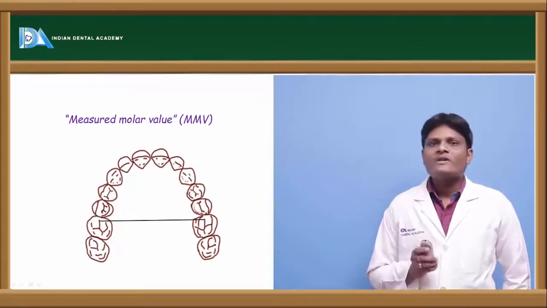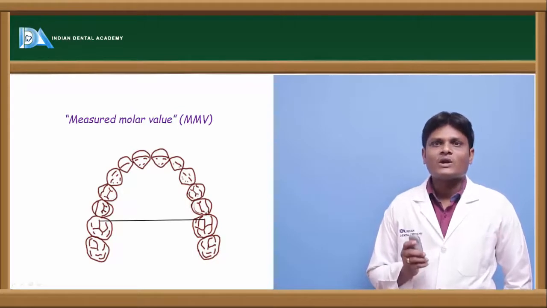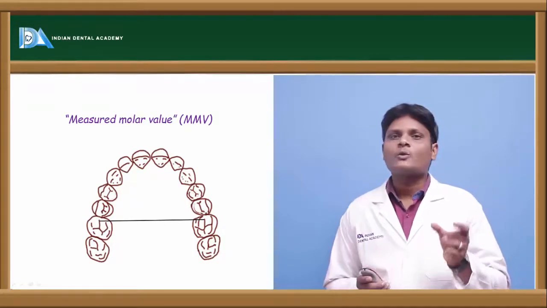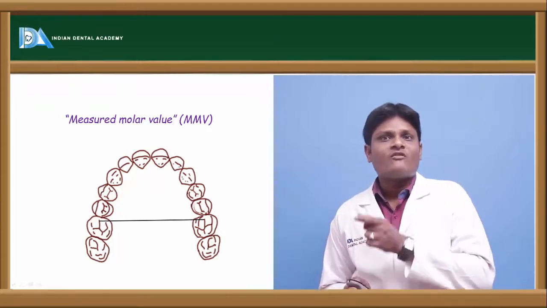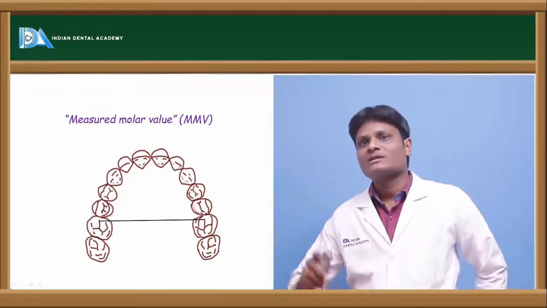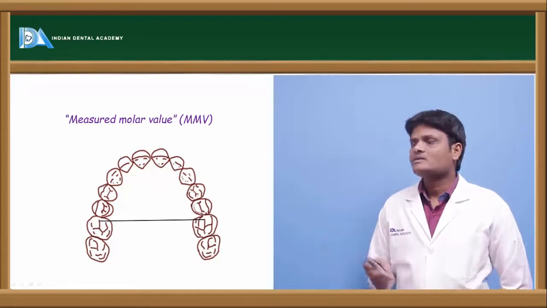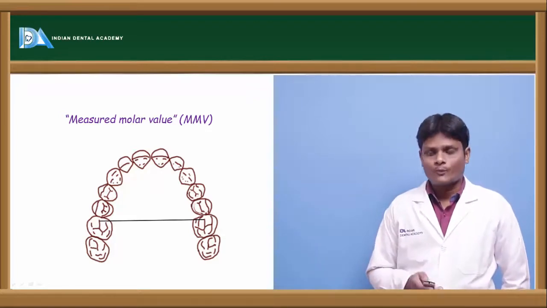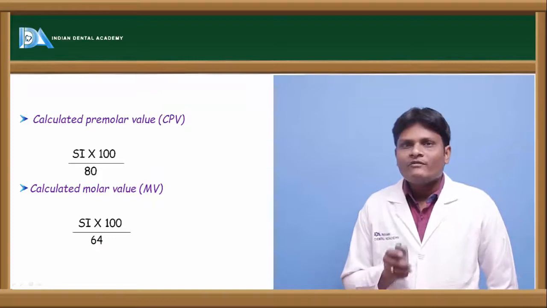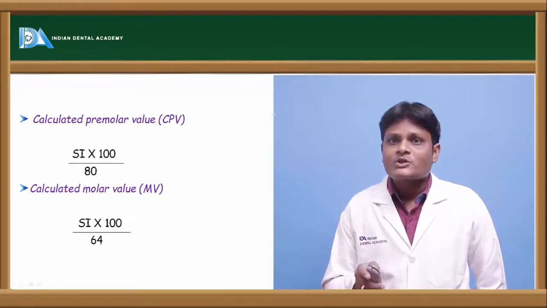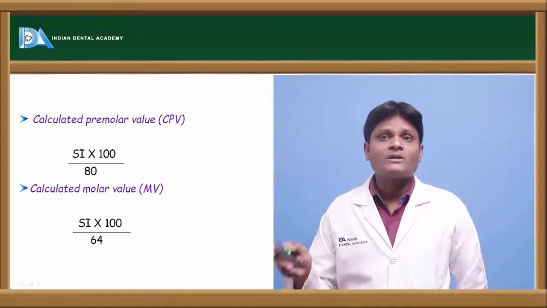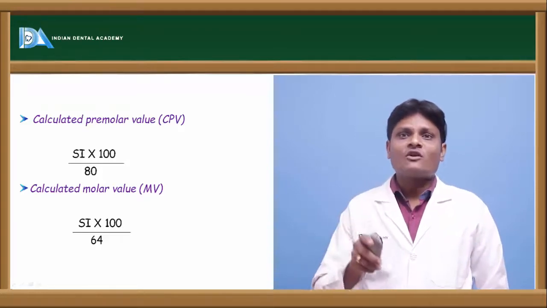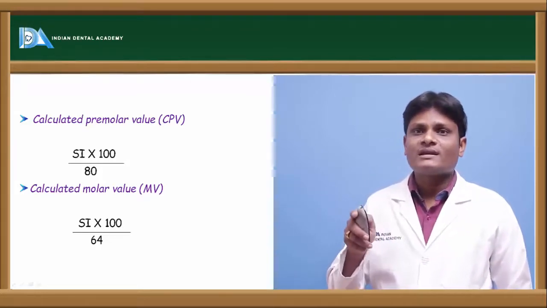Similarly, we measure the arch width in the molar region, from the mesial occlusal pit of the maxillary first molar to the mesial occlusal pit of the maxillary first molar on the other side. This is called the measured molar value. Now, we calculate the actual width that is supposed to be present in that patient based upon the combined mesiodistal widths of the permanent maxillary incisors.